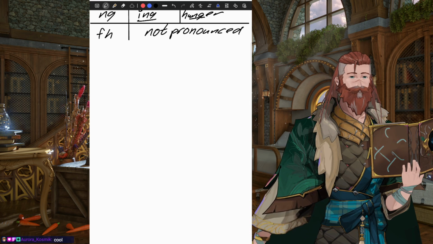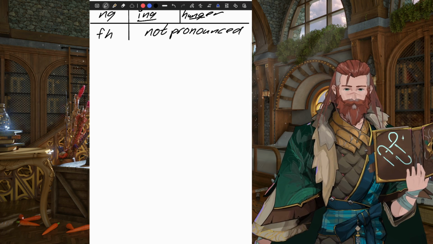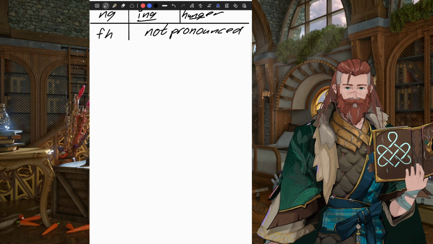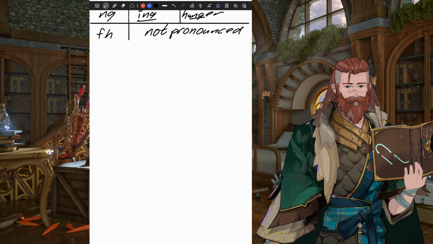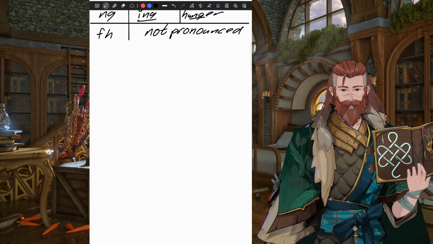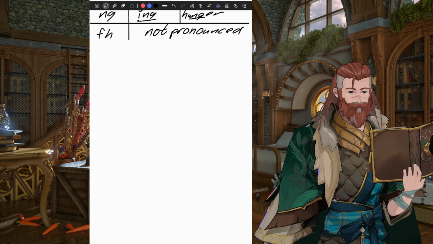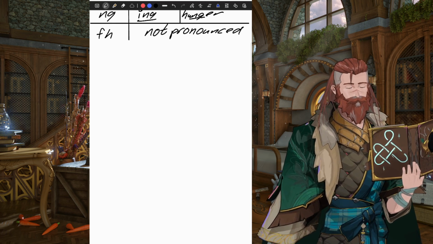This next one is audio that's meant to go with the textbook I'm using. The textbook I'm using is Colloquial Irish.